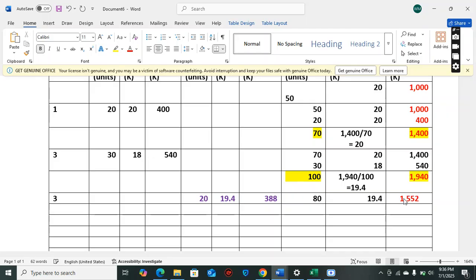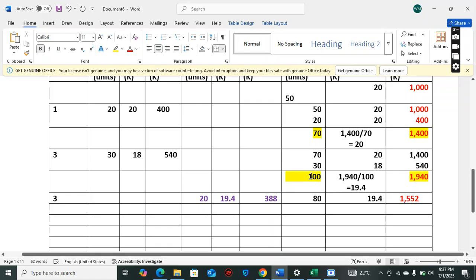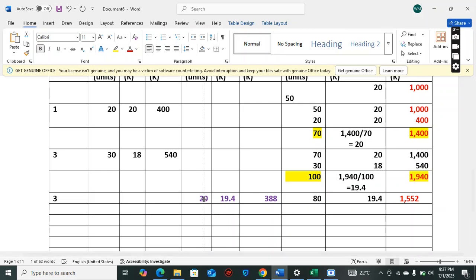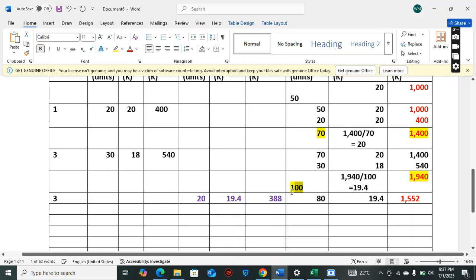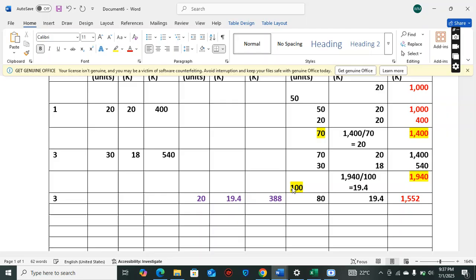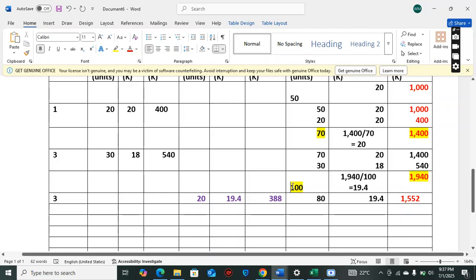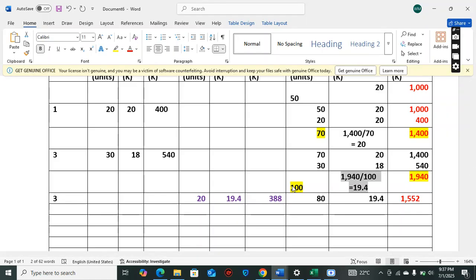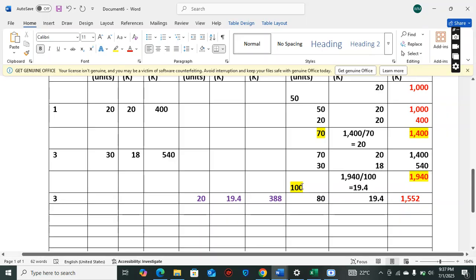Okay. Any questions, colleagues? We had initially 100, then we've issued 20, so it means we remain with 80. That's where the 80 is coming from.